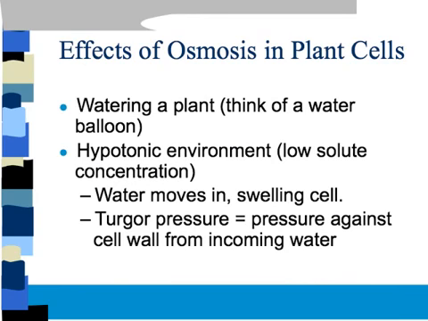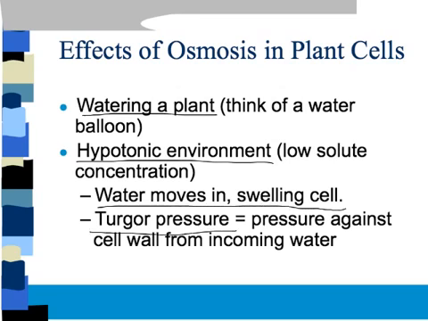You can really see this effect when you water plants. If you water a plant, you're basically adding water to the outside environment. You're creating a hypotonic environment, which means there's more water outside the plant, so the water moves in, swelling the plant cells, creating turgor pressure, and making the plant stand up nice and straight because all its cells are really inflated.